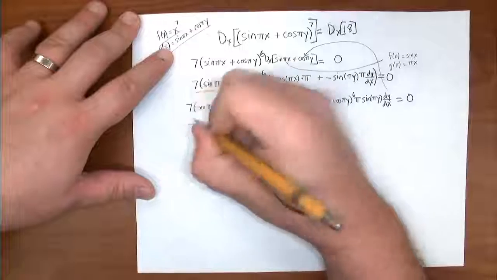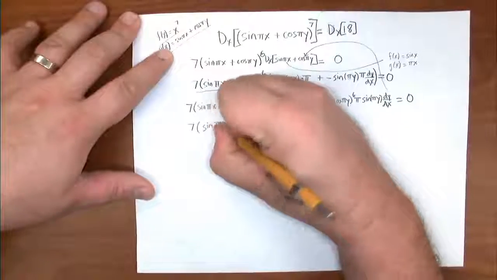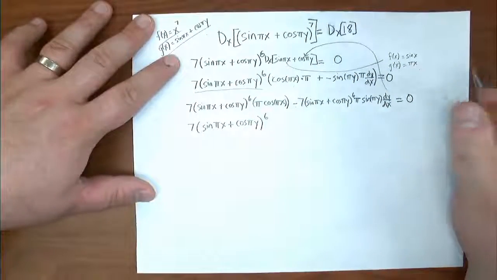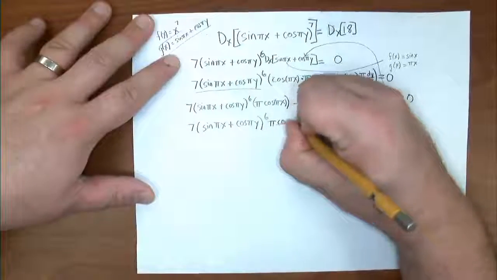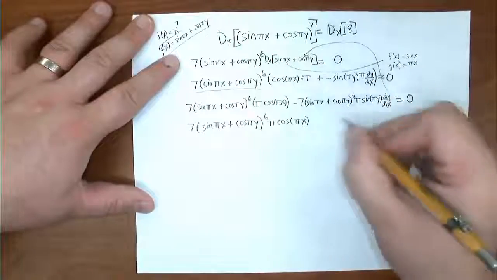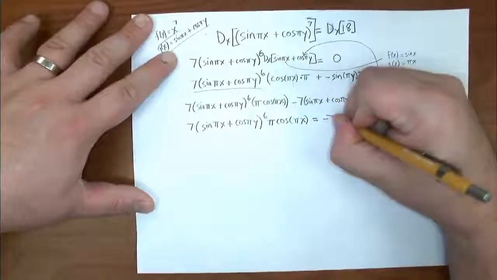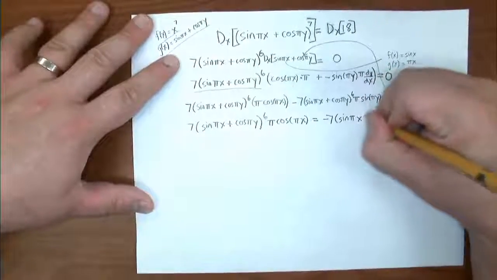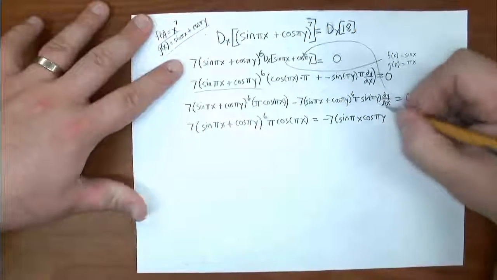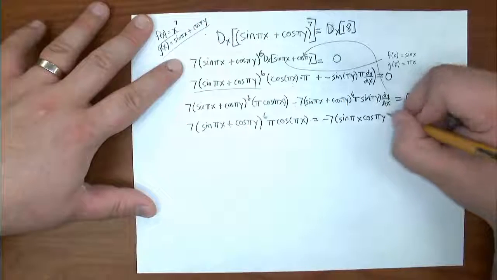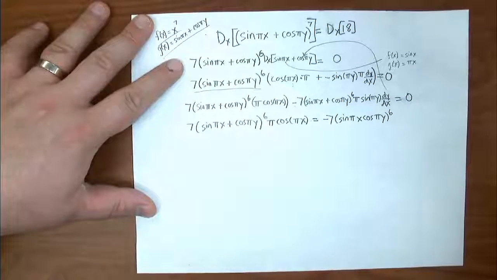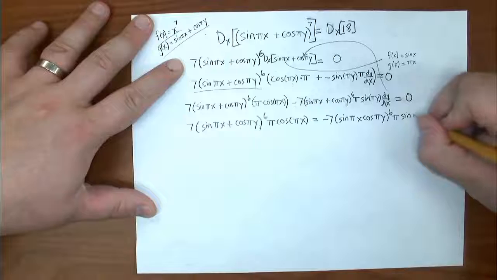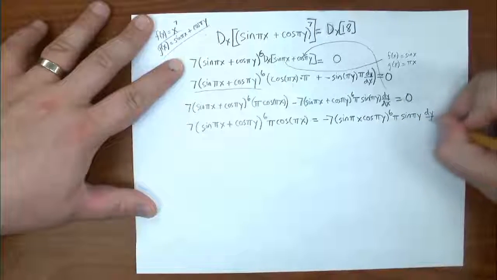So let's say that 7 times (sine pi x plus cosine pi y) raised to the 6th power times pi cosine pi x equals negative 7 (sine pi x plus cosine pi y) to the 6th power times pi times sine of pi y times dy over dx.